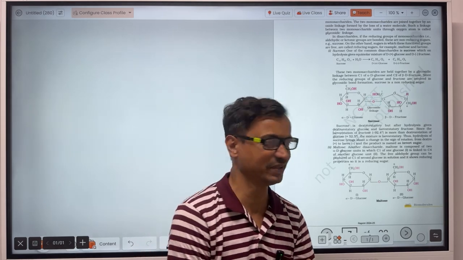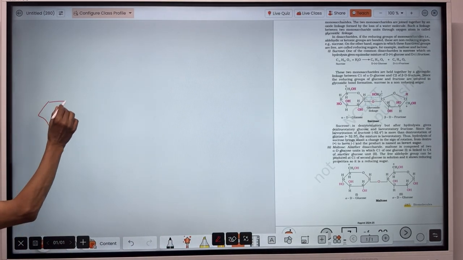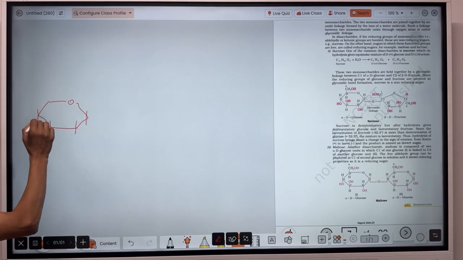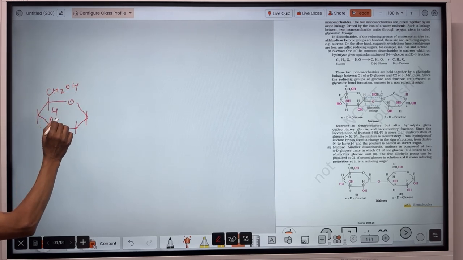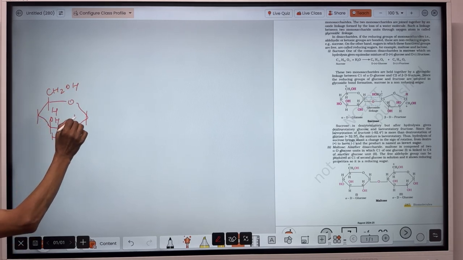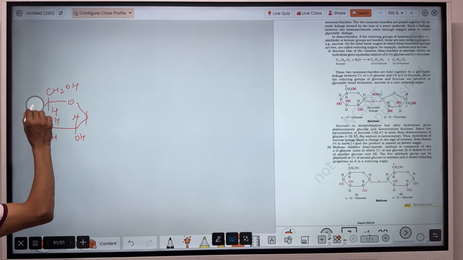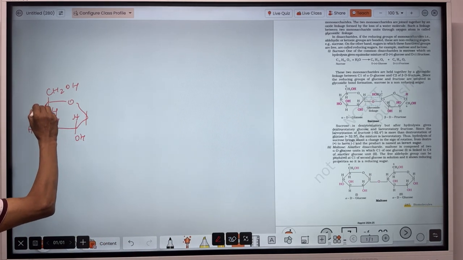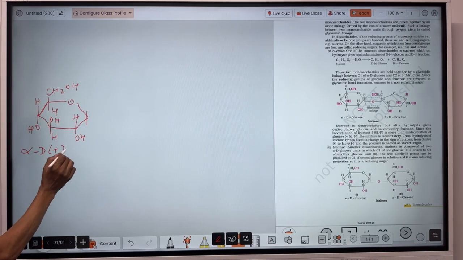And very easily you can perform it here. Let's see the glucose structure. This is alpha-D glucose.